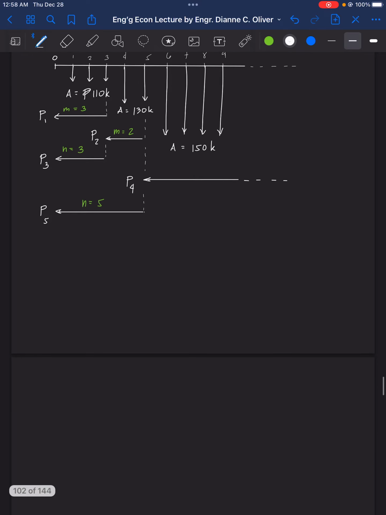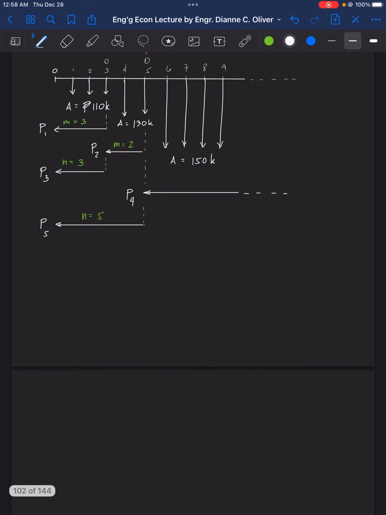So for P1, how do we get the P1? So from this cash flow diagram, we can now solve for P1, and that is in annuity.